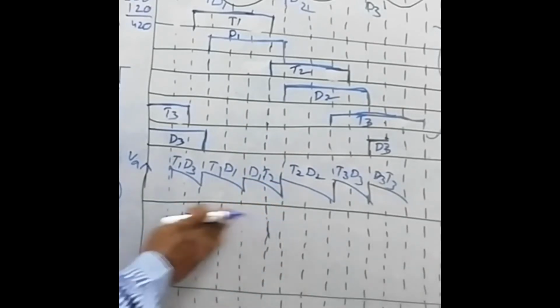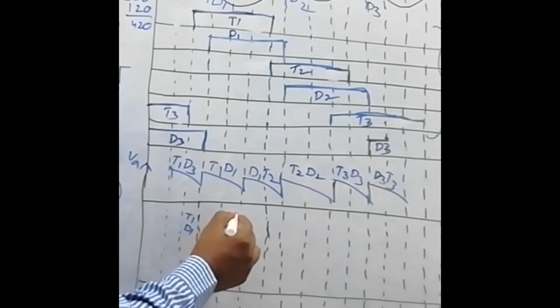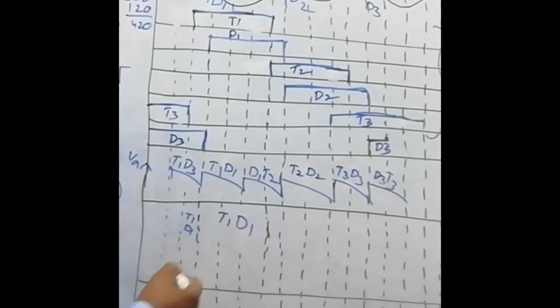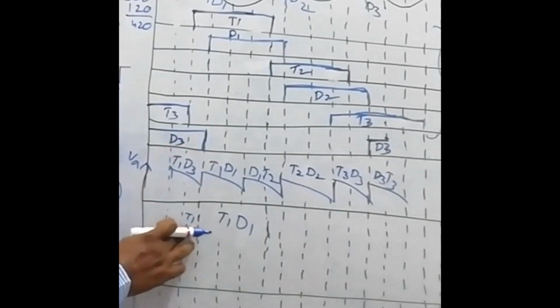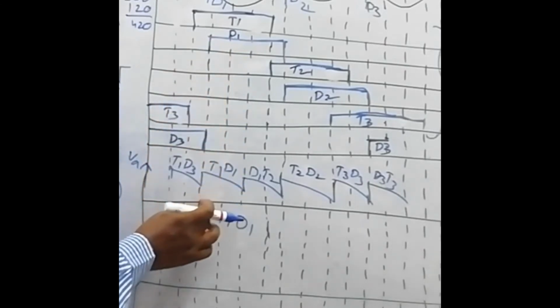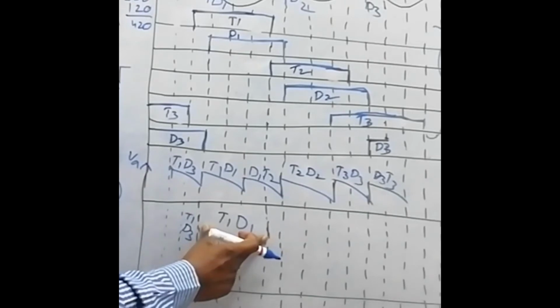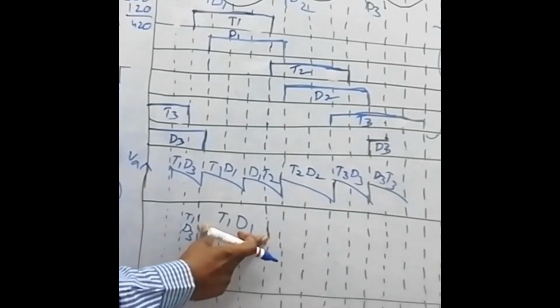Between these two periods, T1, D1. Sorry, here D3 is there. During this period, T1, D3 conducts. Next, during this period, T1, D1 conducts.